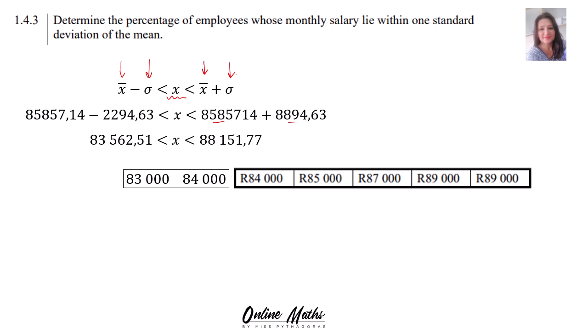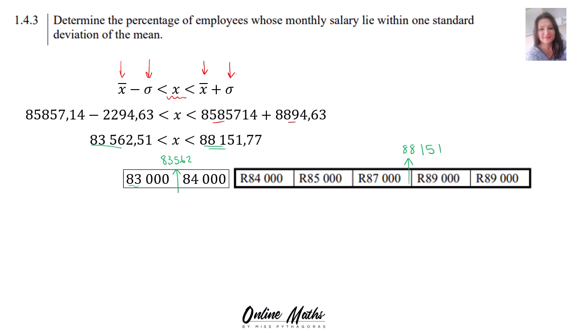Now, how does this work? We want to know how many of the values lie within 83,500. So if this is 83,000, then 83,562 will lie somewhere there. And the other parameter is 88,000, so 88,151 will lie somewhere there.